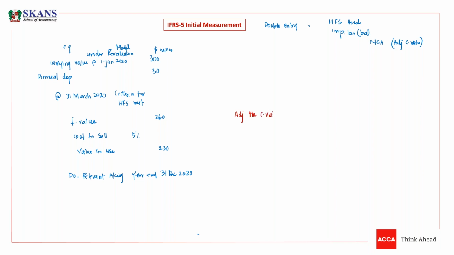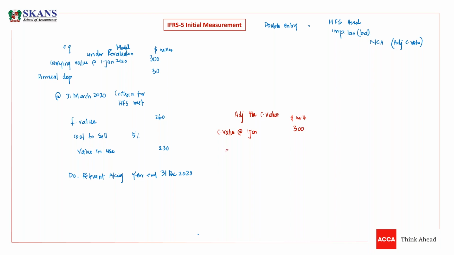If we have a plant, the previous standard is IAS 16, so we need to adjust. So what is the carrying value, guys? Carrying value at 1st Jan is $300. We need to depreciate this. We need to make 3 adjustments, guys.